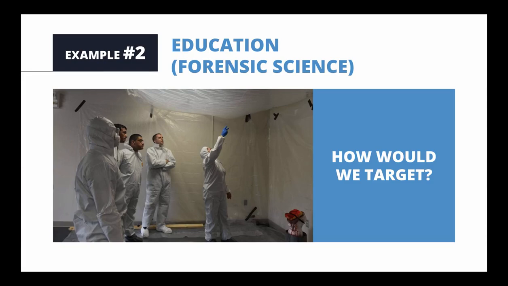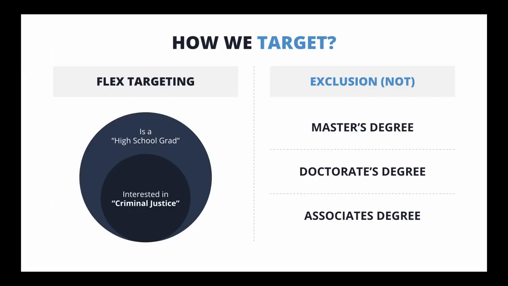So here's another example. There was an education offer for people to get a forensic science degree. So how did we target this? So this was another example where I wasn't able to get my hands on any sort of data to create a lookalike audience.